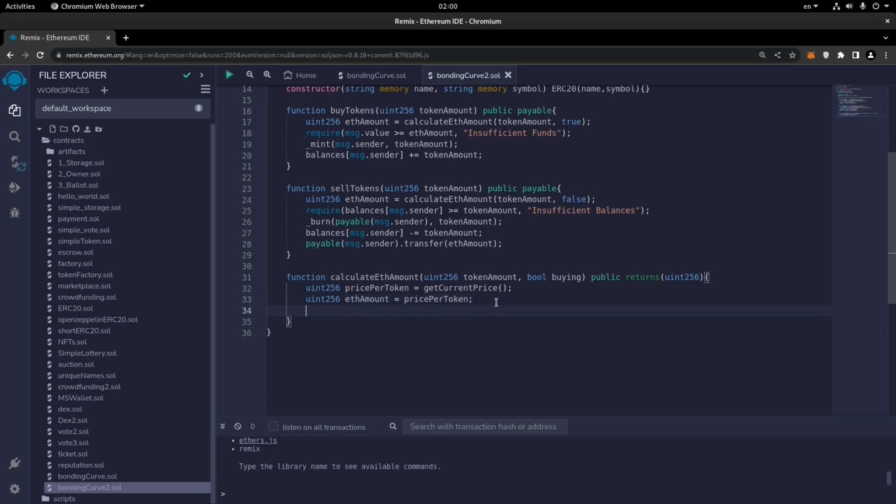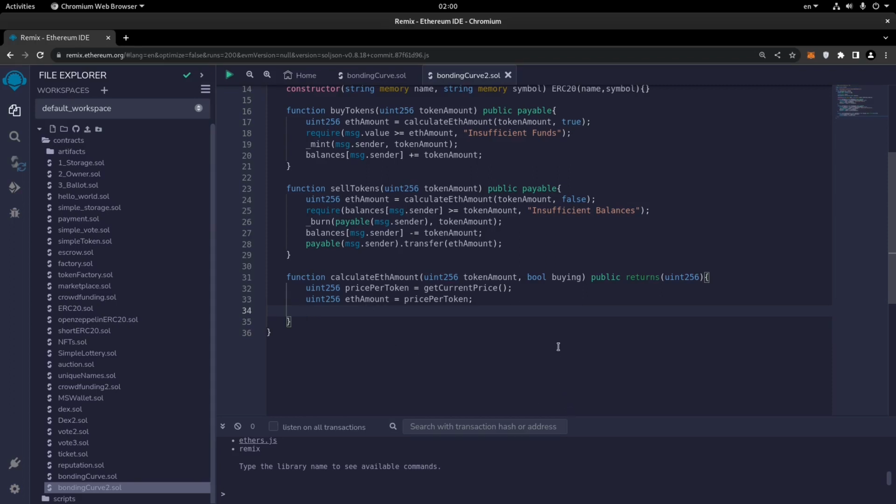But then for the rest of the coins, imagine that we're buying them, we need to get into the for loop, increase the total supply, and also calculate the current price based on the current total supply, right? Because the price changes based on the total supply, one by one we check the tokens and increase the price, and then we will add this to the ETH amount sum.